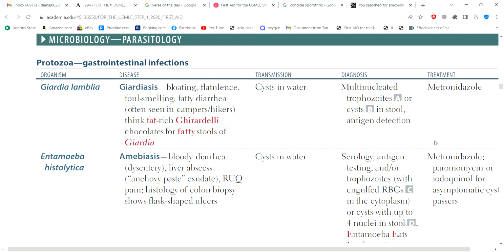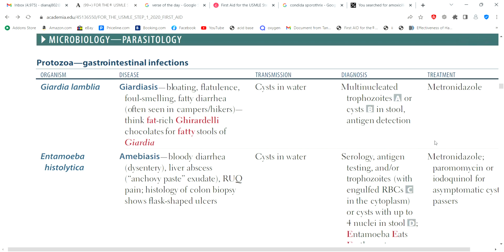So with Giardia, you see bloating, flatulence, foul-smelling, fatty diarrhea, often seen in campers and hikers because they drink the water in the mountains, and this water has cysts in it, and they consume that, and that's why they get this disease. For diagnosis, you have multinucleated trophozoites or cysts in the stool, and you can also know it's giardiasis by antigen detection.